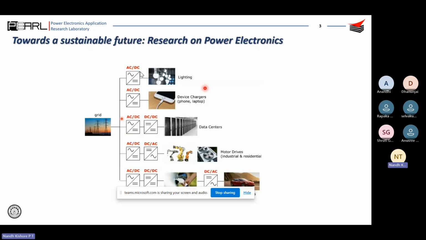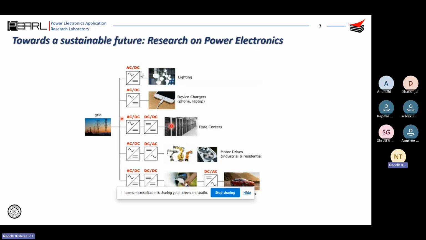Okay. So in all of these areas, that is AC to DC converters or DC to AC or DC to DC, you see that as a system, it functions as an AC to DC converter. But if you go into the device component level, it is essentially a power device, right? It may be a MOSFET or it may be an IGBT and so on. Okay.